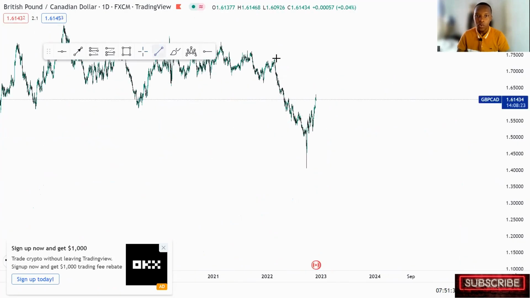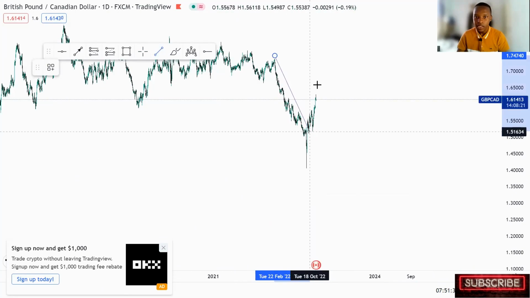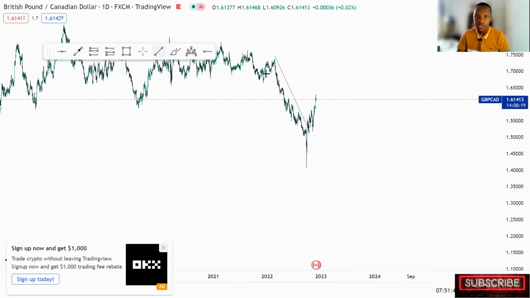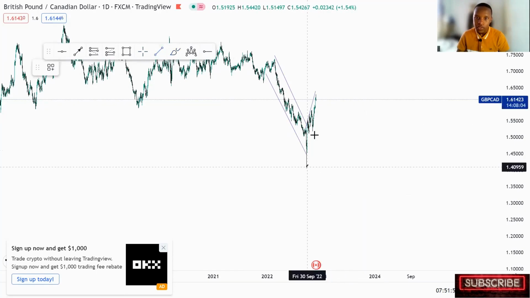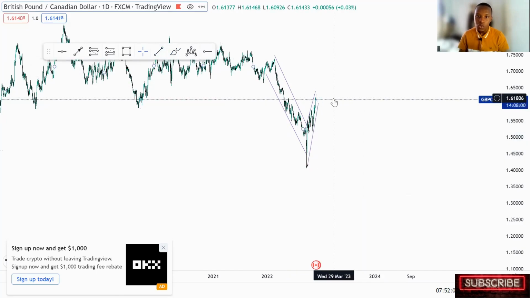Okay, we have that daily correction previously that we had. Okay, and then currently we also have that. So we're just catering now for everything that we see, and then it's just gonna be clear as we go lower, right?